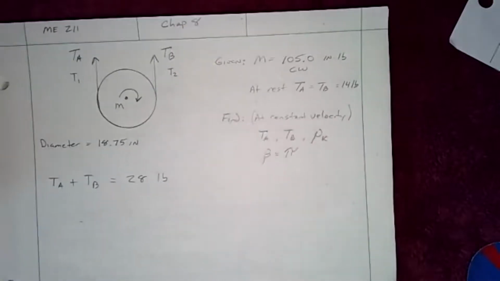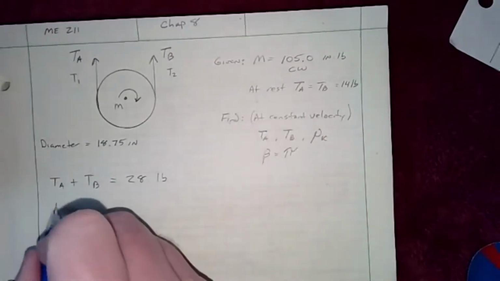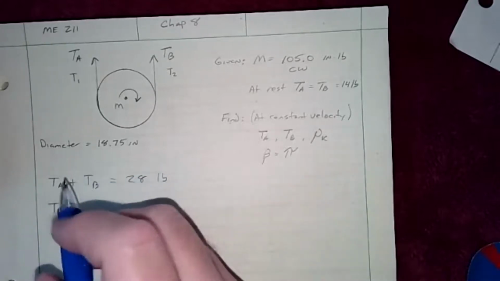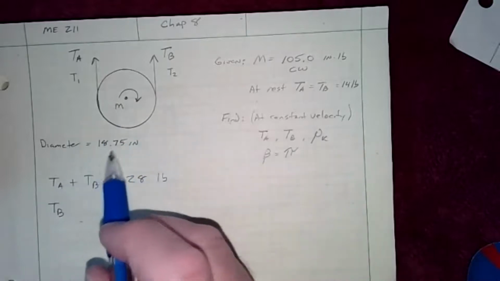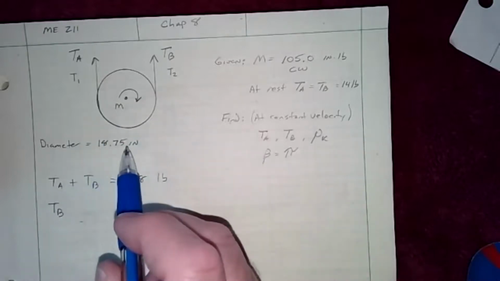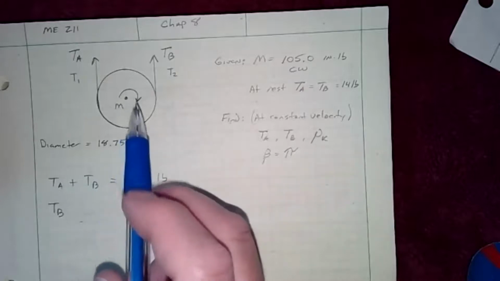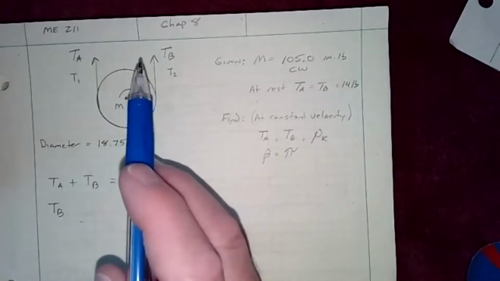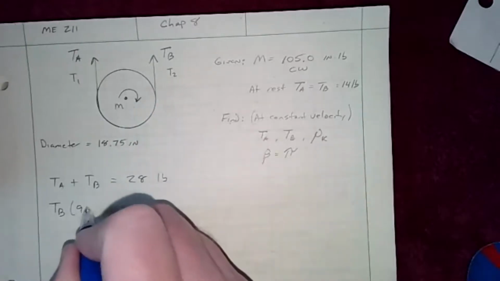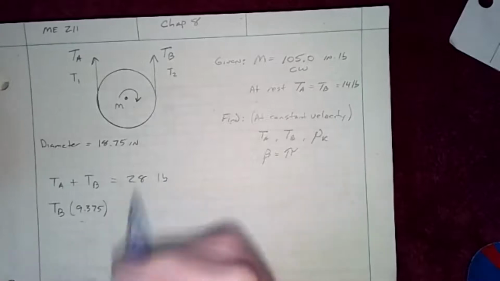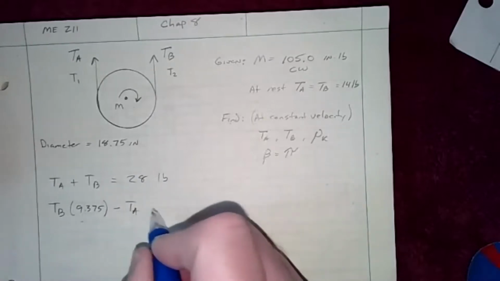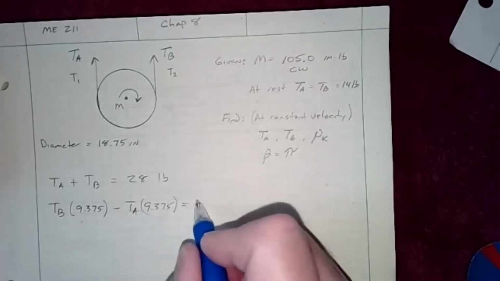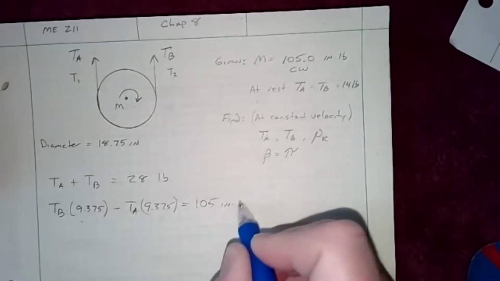We also know that the diameter is 18.75, so we can determine the effect of the moment. TB, since it's going counterclockwise, times 9.375 minus TA times 9.375, and that's just the radius, has to equal 105 inch-pounds.